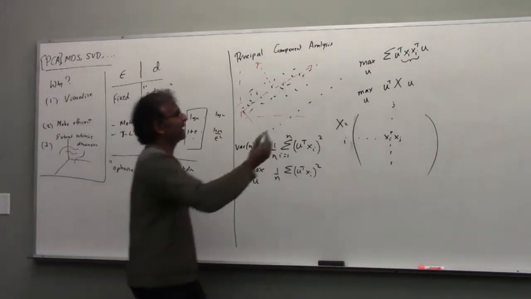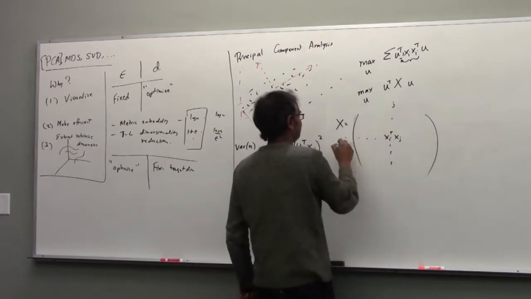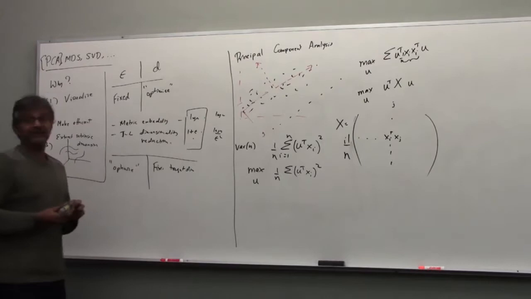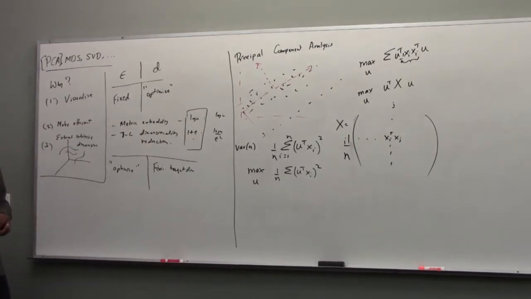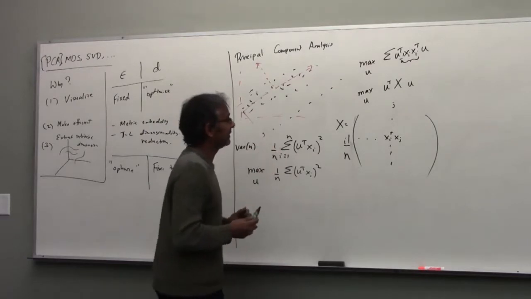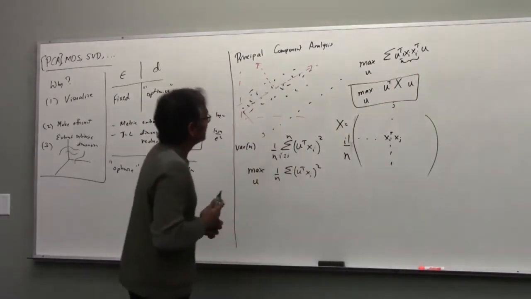And again, maybe we should put the 1 over n back in here, because it gives a nice name, which is a covariance matrix. So now we've taken one maximization, which looks cryptic and funny, and replaced it by another one that looks cryptic and funny. So progress.